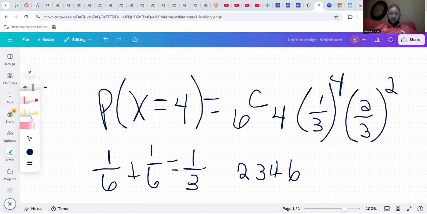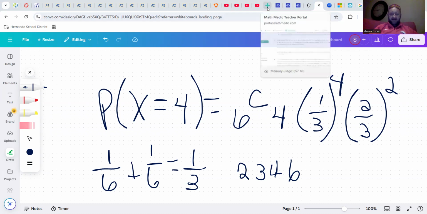And I'm going to do parentheses and put 1/3 as a fraction, raised to the 4th power. We're going to multiply that by 15, and then multiply that by 2/3 raised to the 2nd power, and I get like an 8%.